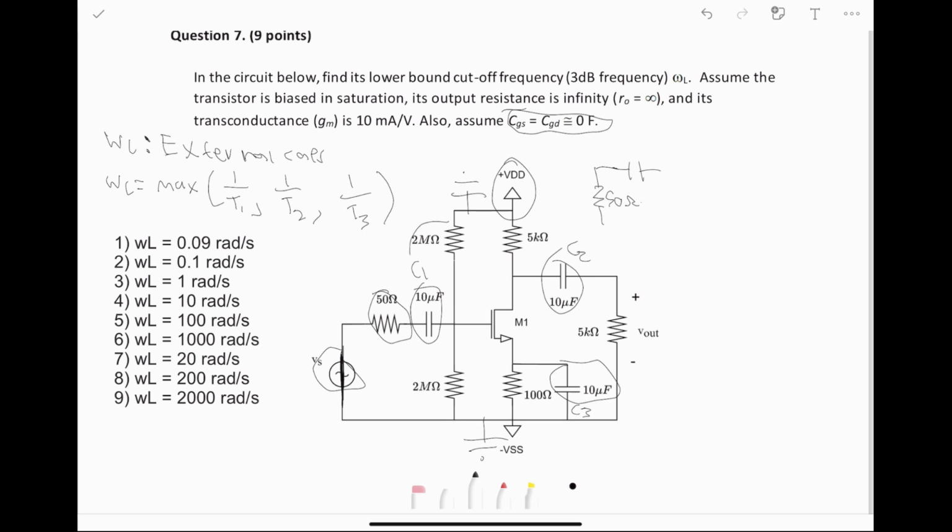And then on the other side, it sees these 2 mega ohm resistors. So the resistance seen by C1, RC1, is going to be equal to 50 ohms plus, in series, these parallel 2 mega ohm resistors, which can simplify to a single 1 mega ohm resistor.